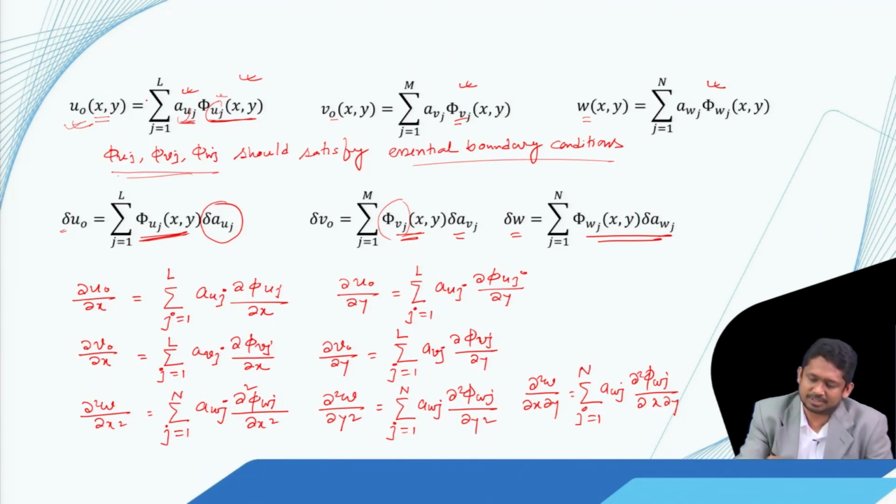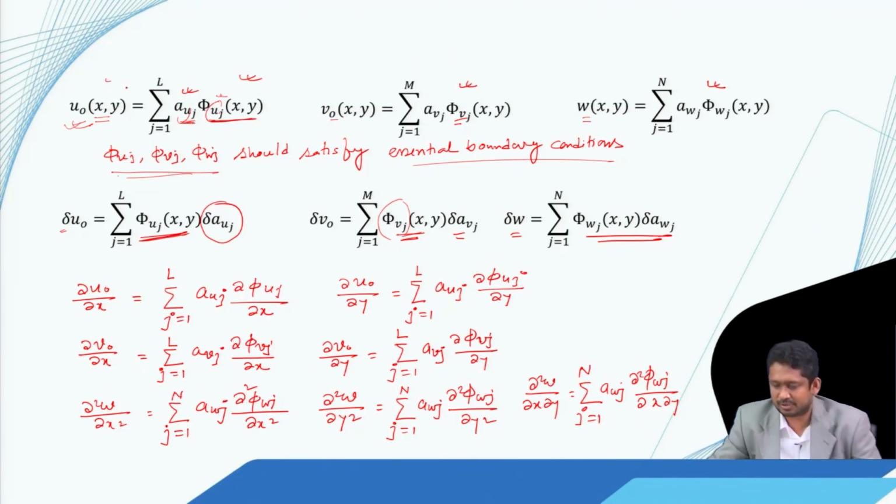So, we have assumed these quantities u 0, v 0 and w. We have seen their variation and we have defined their derivatives.